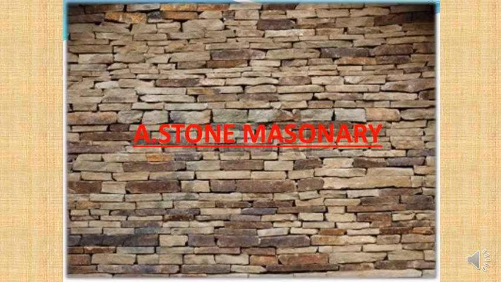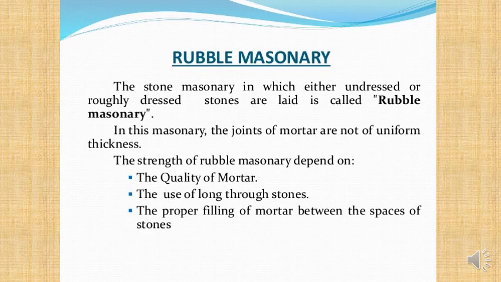So, with stone masonry, the first kind of stone masonry is where the masonry blocks have not been cut. They're not even shaped into cuboids. They're just rough rocks which have been selected and then put together with mortar.